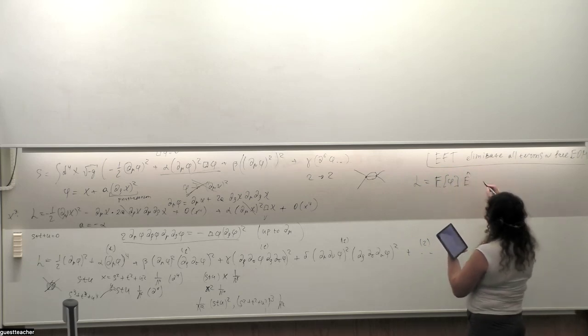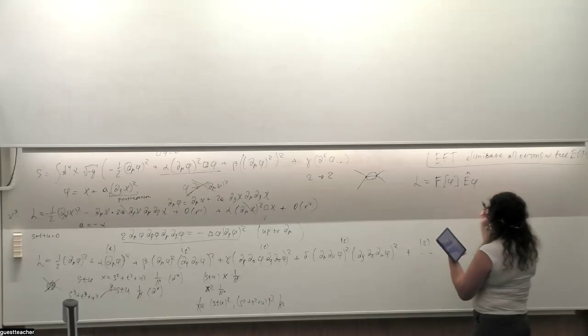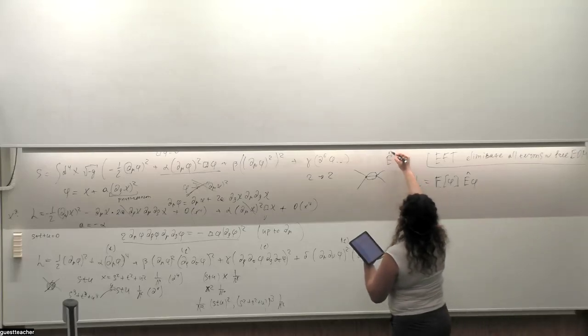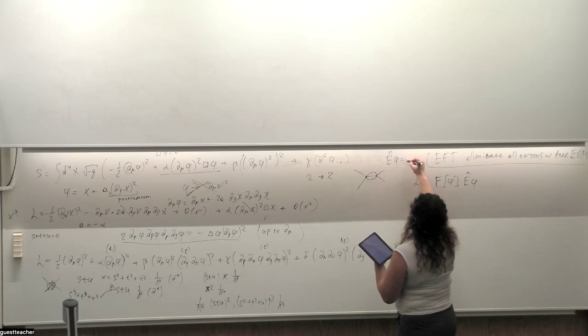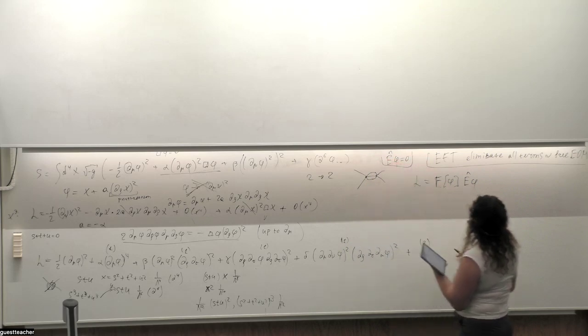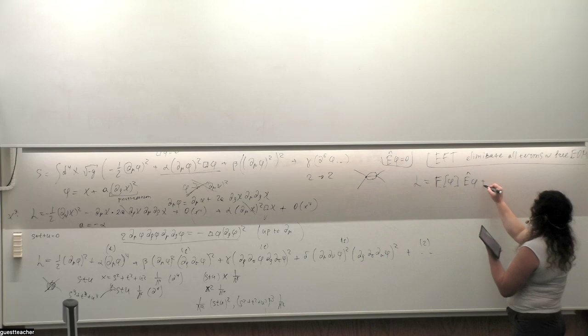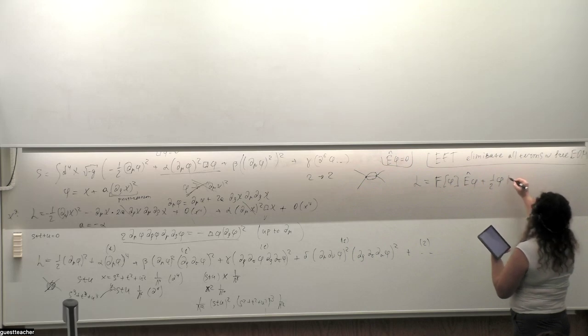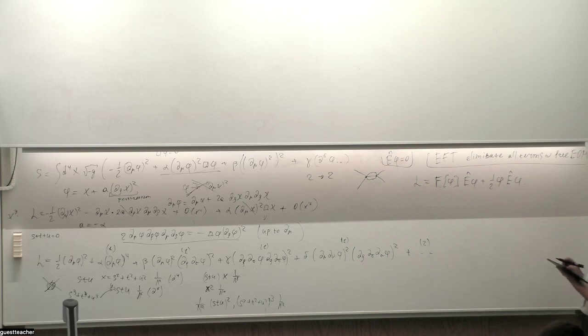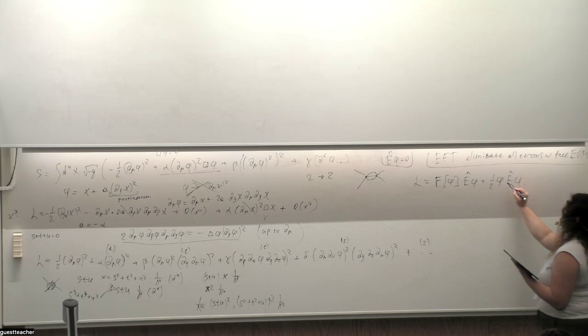This is the operator corresponding to equations of motion. And the fact that it's a free equation of motion means that my Lagrangian has the form phi, 1/2 phi E phi, in this very general formulation.